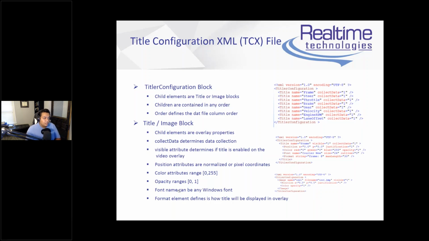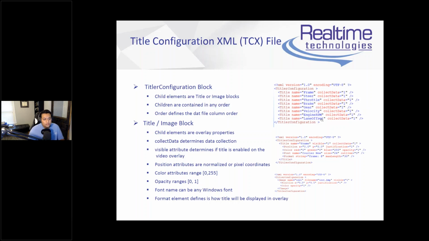So a title configuration file, or TCX file, allows you to add additional titles and display data on top of your SimObserver capture window. So you'll have your video recording of your 4 different camera angles. One of them will be a capture of the center channel. One will be a capture of the footwell. The other one would be a capture of the top down facing the driver, and the other one will be capturing the steering wheel.